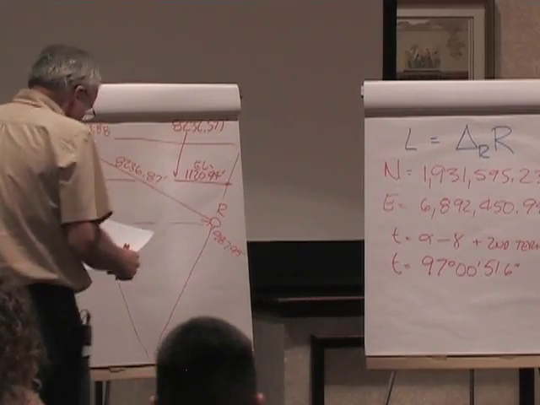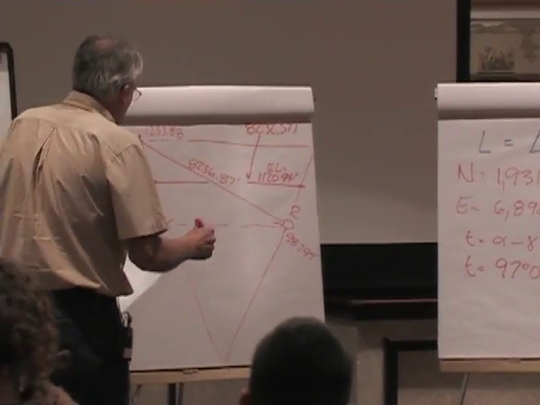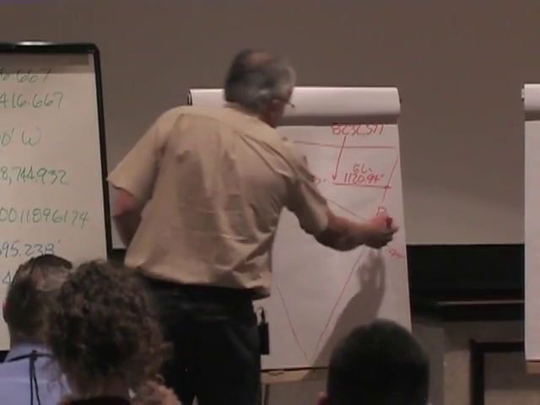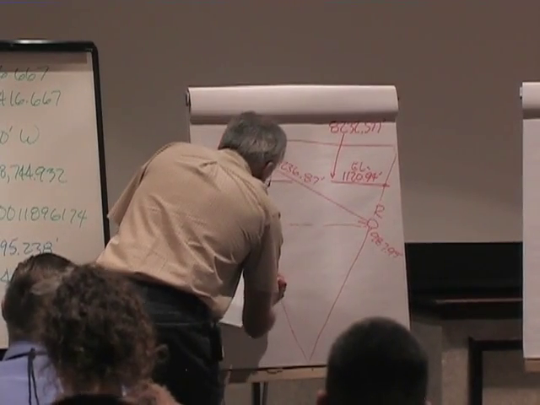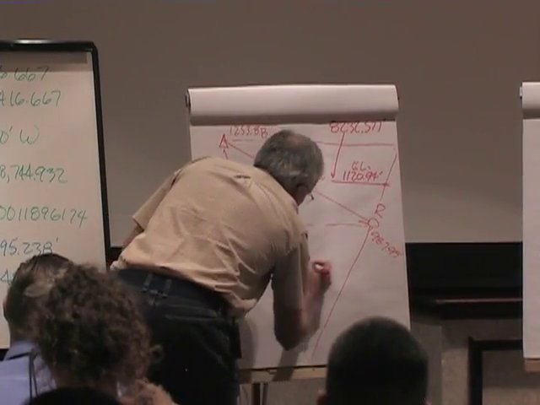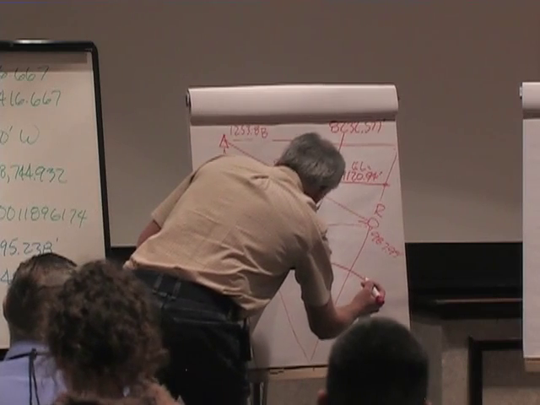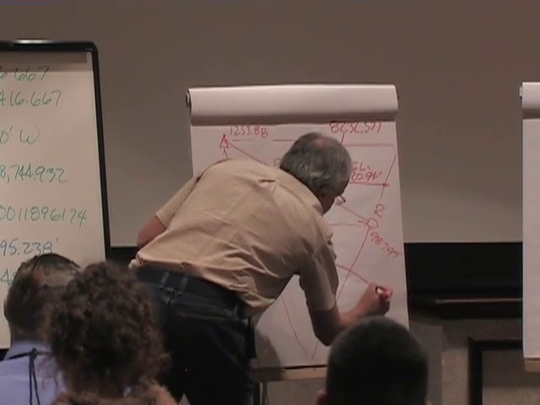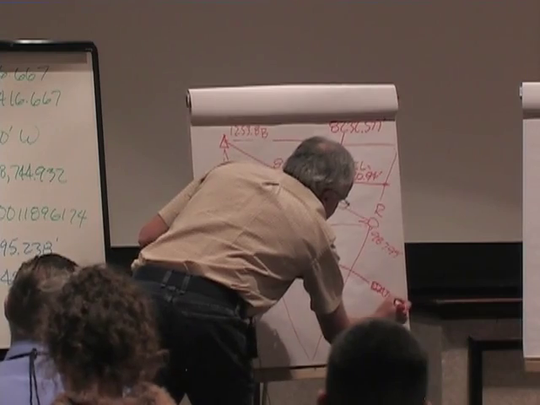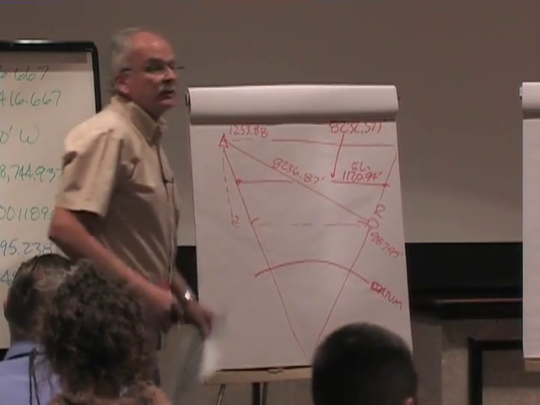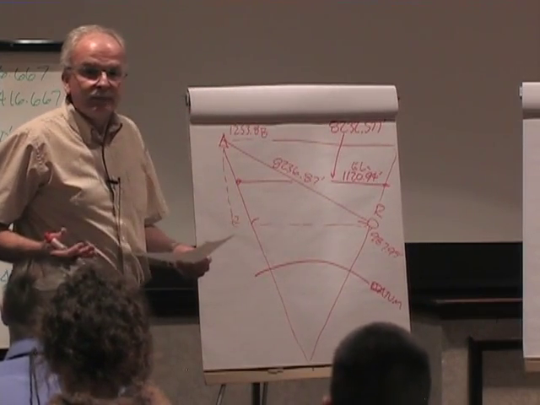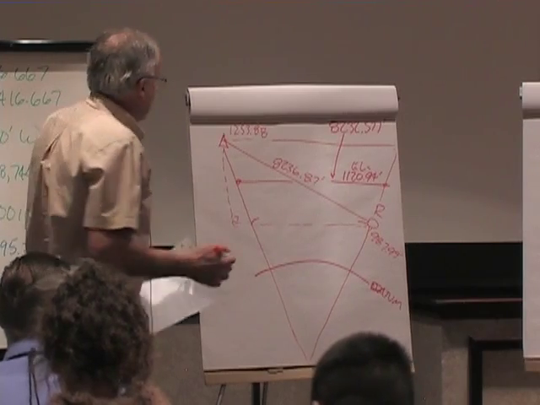So if I draw this like this, and here we are at an elevation up here, somewhere down here is sea level, or the ellipsoid, or the datum. Let's call it the datum. And the datum is NAD 83, right? Okay.